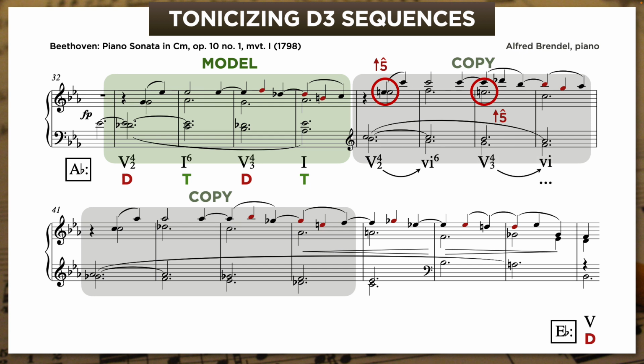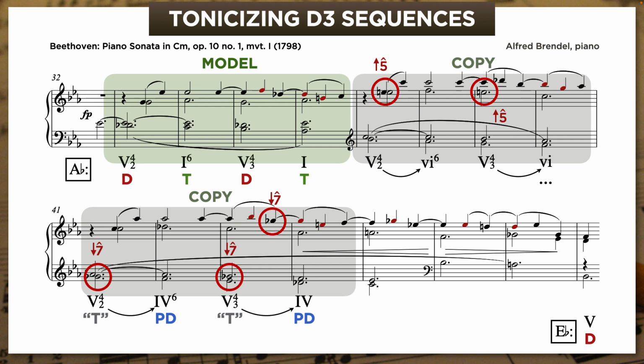Now, because this is a sequence, and because we're going down by thirds, we could probably predict by now that the second copy is going to be two instances of 5-7 of 4, which of course it is. And we'd expect lowered scale degree 7 to be in play, which it also is. And then the last 4 bars set up a half cadence in E flat with a backtracking predominant.